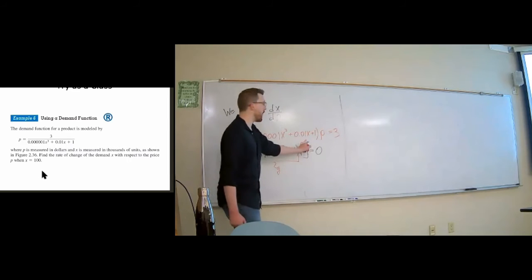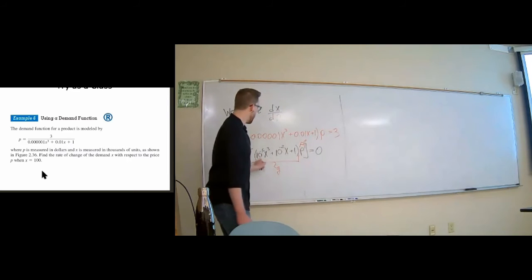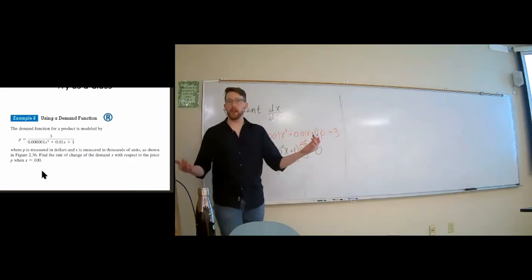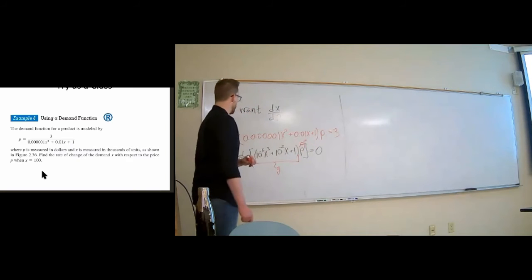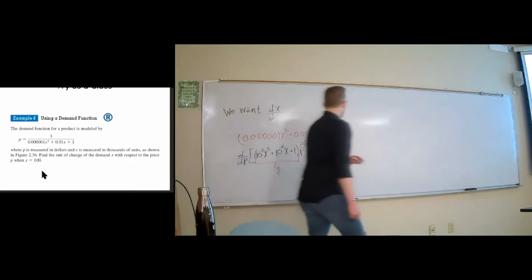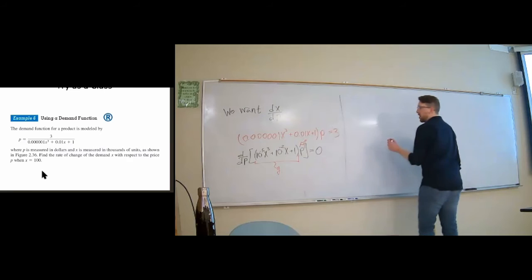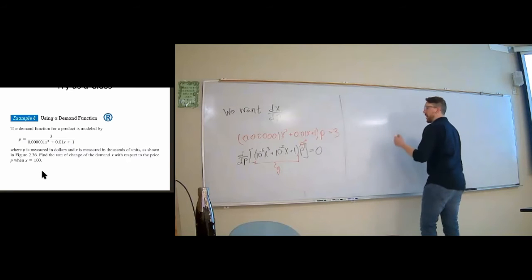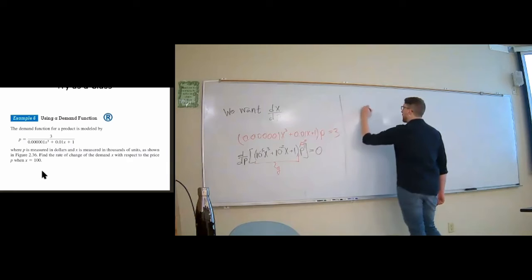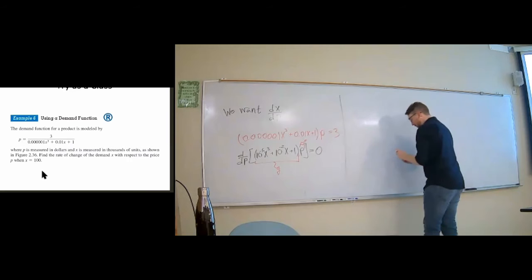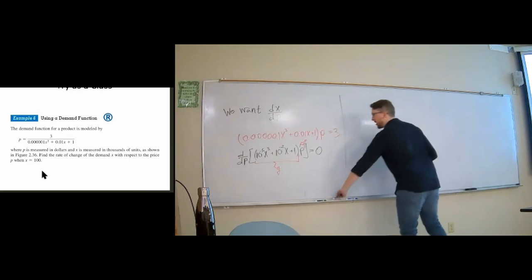P can be thought of as f of x, and then this polynomial can be thought of as g of x. So bringing this over, I guess in this case they would be g of p and f of p. Let me actually write this slightly different with multiple colors so that everything's obvious.